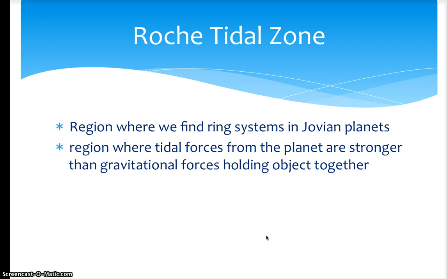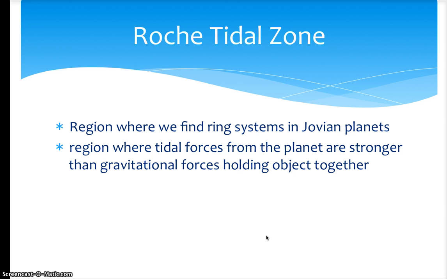When you're in the Roche zone, the tidal forces, remember tidal forces are when the gravitational forces across an object vary, which is why they were called tidal forces, because it's what causes the tide. So the part of the object that's closer to the gravitational pull feels a stronger pull than the far side, which feels a weaker pull. And so there's this difference in the forces across the object.